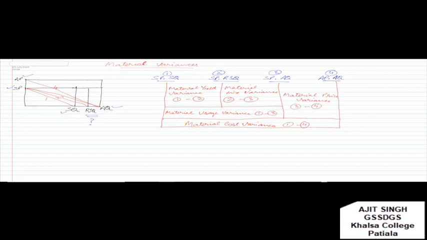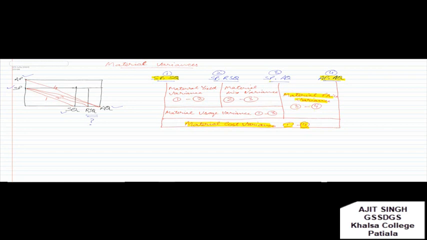Let us revise it. First one is material cost variance. It would be calculation 1 minus calculation 4. Calculation 1 is standard price into standard quantity, and calculation 4 is actual price into actual quantity. Material price variance, it is calculation 3 minus calculation 4.